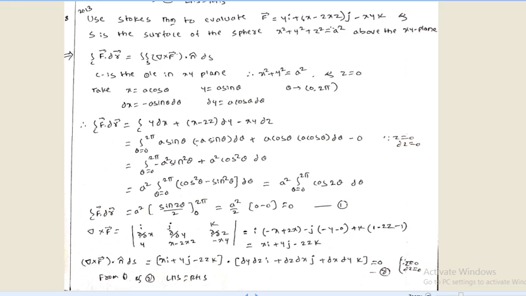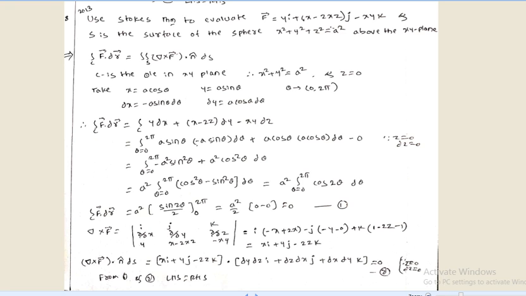So here a square is common, so the remaining terms are cos square minus sin square theta d theta, and we know that cos square theta minus sin square theta gives the formula of cos 2 theta, and integrating cos 2 theta gives sin 2 theta by 2, and substituting theta value as 2 pi and 0, sin 4 pi is 0, sin 0 is 0, so our left hand side f dot dr is 0. Say equation number 1.